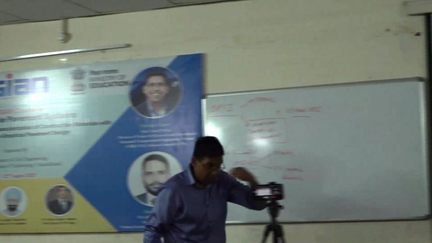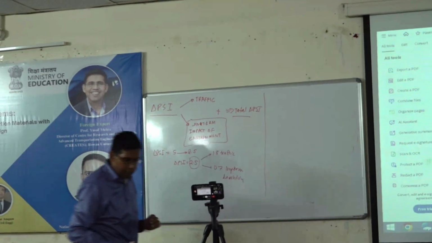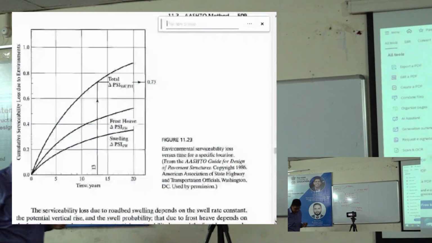I cannot find the table of the drainage coefficient. It should have been there in the textbook. But let's look at this.